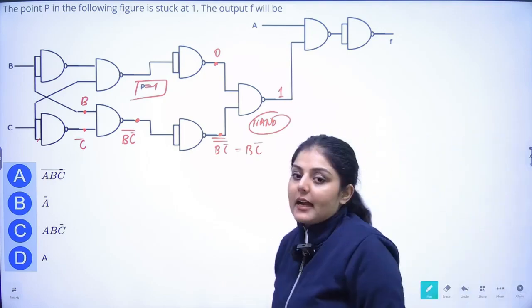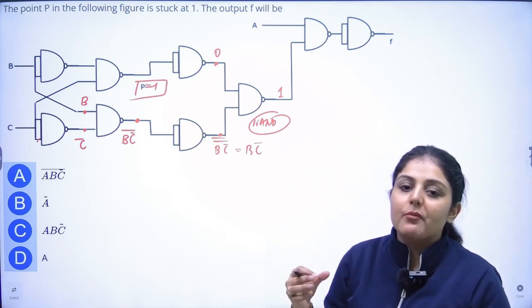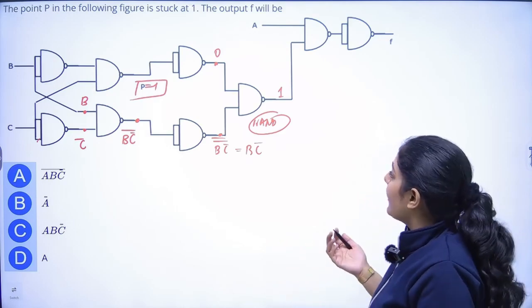So if any input of the NAND is equal to 0 at any moment of time, the output will be equal to 1. We know how NAND works.